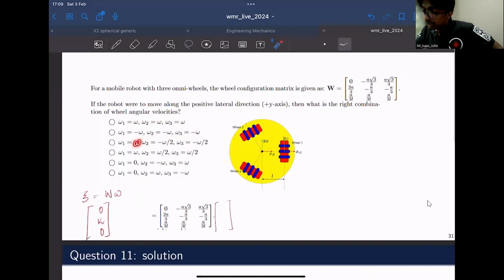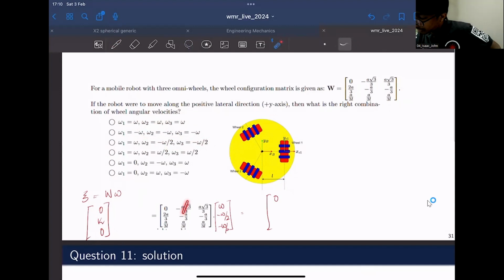Omega 1 is omega, omega 2 is minus omega by 2, omega 3 is minus omega by 2. We'll try with that: omega, minus omega by 2, minus omega by 2. If you multiply this out, the first term would be 0, right?